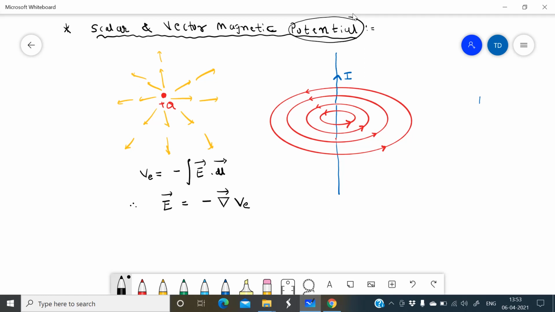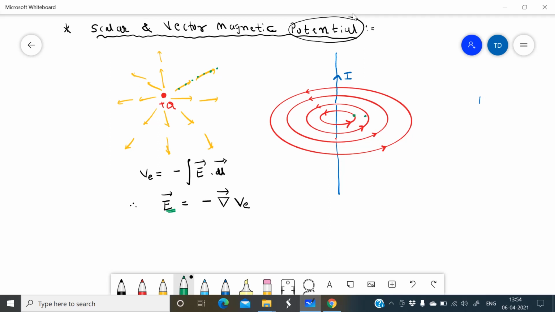This is known as the potential gradient, because we use the del operator with VE, and VE is a scalar quantity. From the potential we can find the electric field intensity. As we go far from the charge, the electric field intensity decreases, so the potential also decreases.